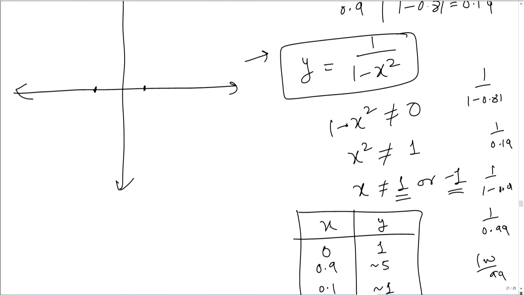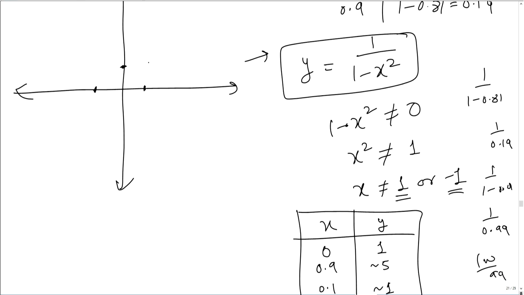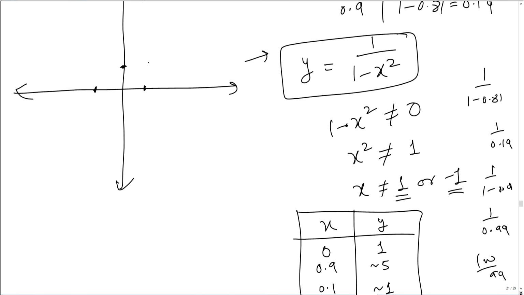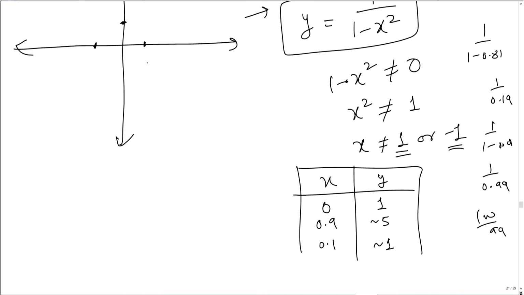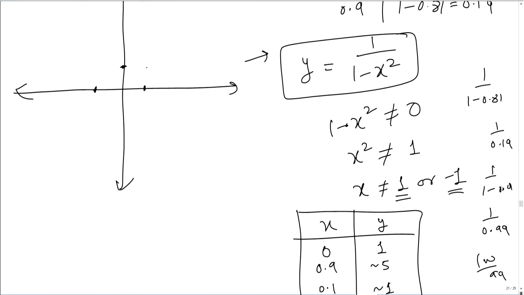So what this tells you is that when x is 0, y is 1. When the value of x is close to 0, the value of y remains around 1. But as the value of x goes close to 1, the value of y is increasing.